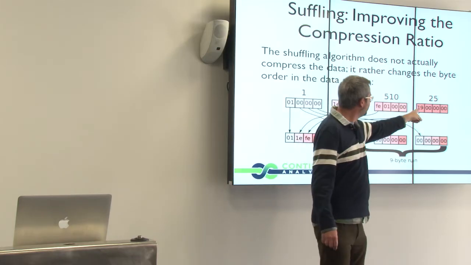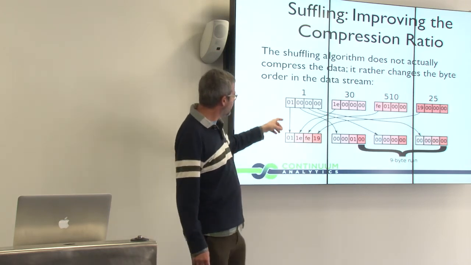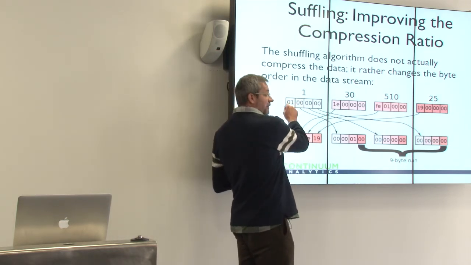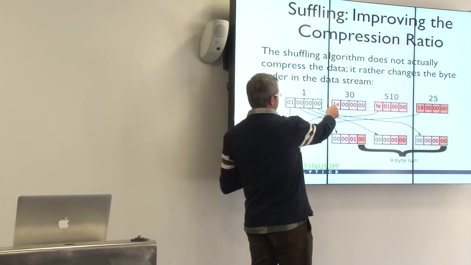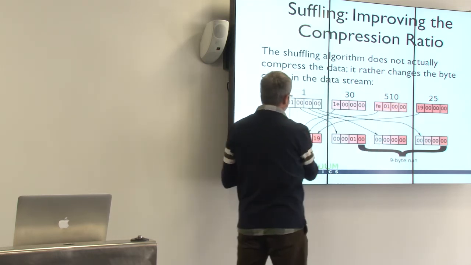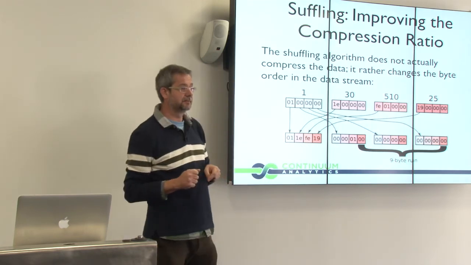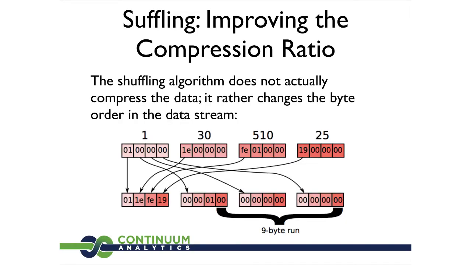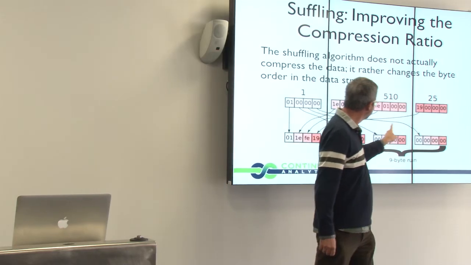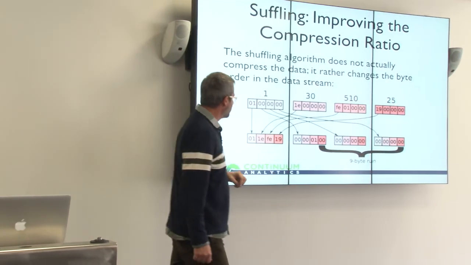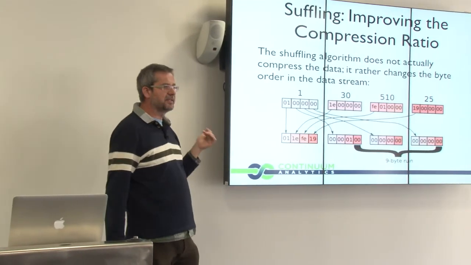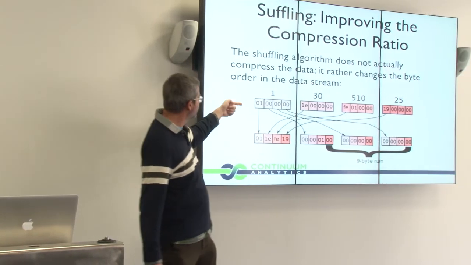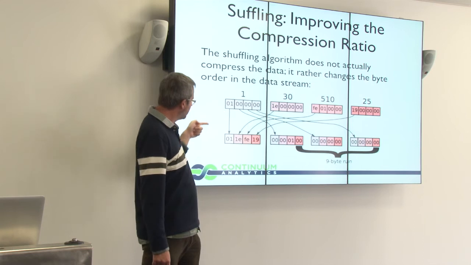So what the shuffling does is put the least significant bytes of these 4 integers together in the same area, sequentially aligned. The second bytes are put here in another part. The third byte here, and the last byte here. So now realize for the compressor what is much more efficient, to compress this binary stream here or this binary stream here.